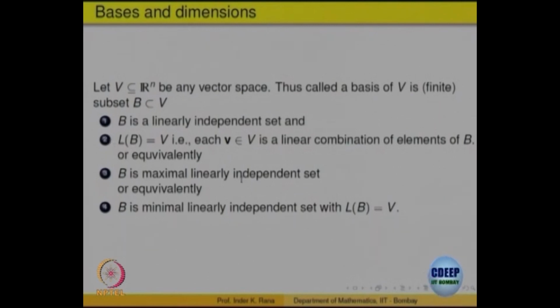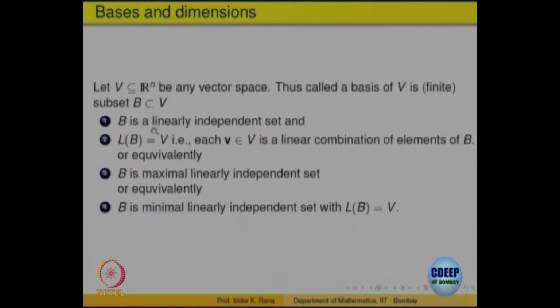B is a maximal linearly independent set, or a minimal set. This should be a minimal set, not again independent. I think this is all wrongly typed. Is it clear? Anyway, the wrong thing also helps you to understand what the right thing should be.